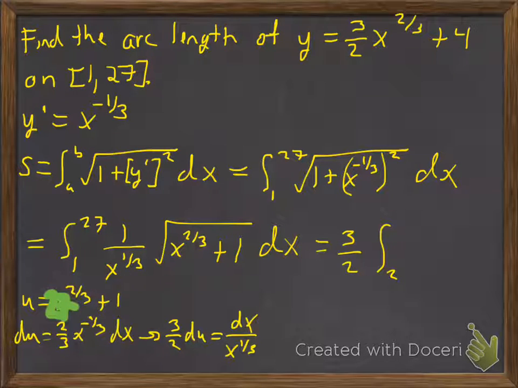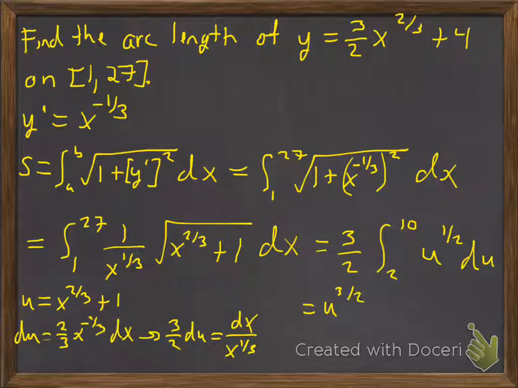Okay, if we plug in 27 to the 2/3 power, the 1/3 part of it is going to take the cube root, which makes it a 3, and then the square changes it into a 9, then the plus 1 makes that a 10. So our new limits of integration are 2 to 10, and then u^(1/2) du. We'll integrate it, so we add 1 to the exponent.